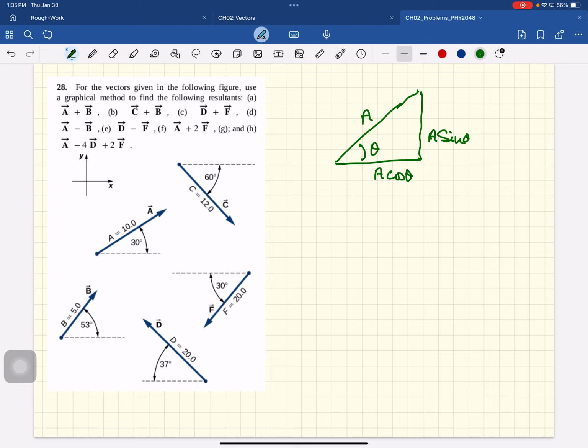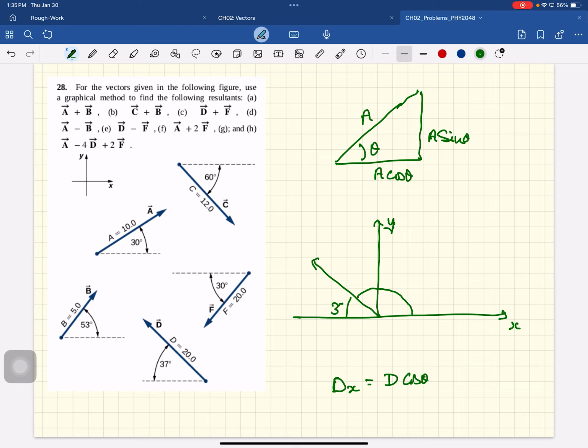So now let's say this is the vector D. In your formulas you saw the x component of D is given by the magnitude of D cosine of the angle theta. That angle is measured counterclockwise from the x-axis. In this problem, they give you this angle to be 37 degrees. And the y component is D sine theta.